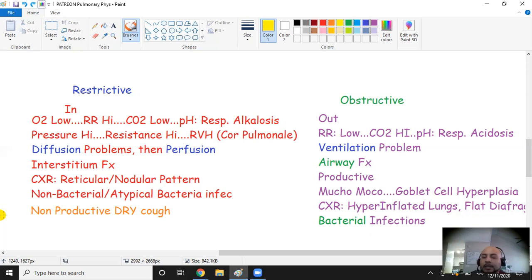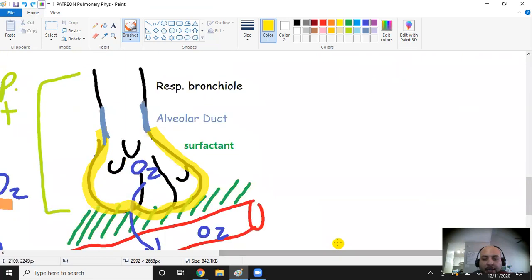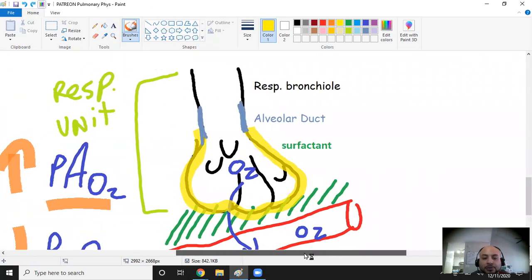Now, with surfactant, what does surfactant do? I think of it as oil around, let's say, my fist. This fist is my alveoli. If I wrap a bunch of oil around my fist, what would happen if I tried to grab my fist with my other hand?